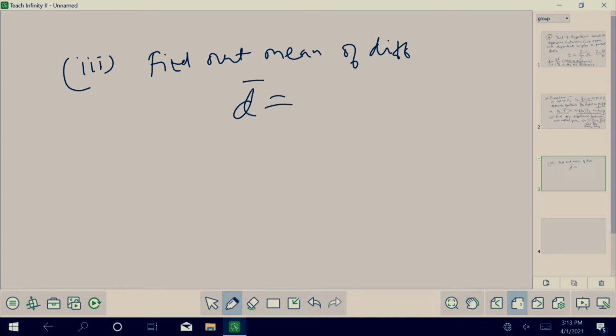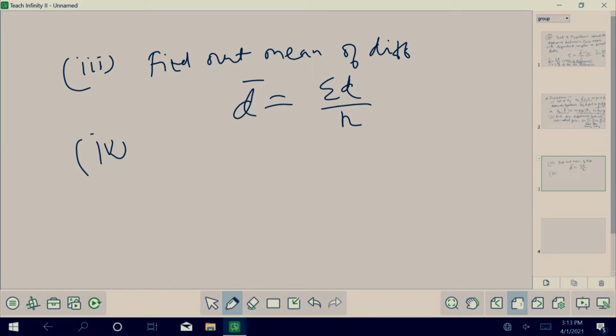So this is d bar, meaning the mean of difference: sigma d divided by n, right. You can say d bar, or you can say mean of difference.